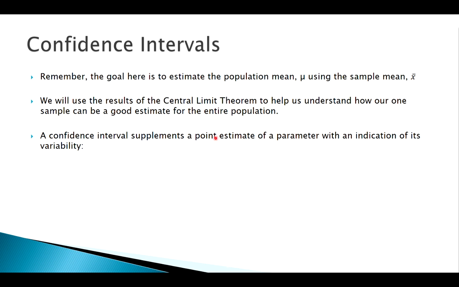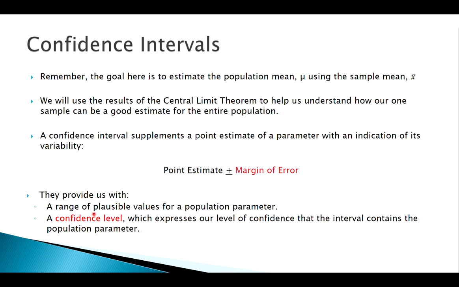Okay, so we take a point estimate, we supplement it, we build in a little bit of wiggle room. We take our point estimate and add and subtract what we call our margin of error. The point estimate minus the margin of error and the point estimate plus the margin of error will give us a range, or an interval, of possible values.